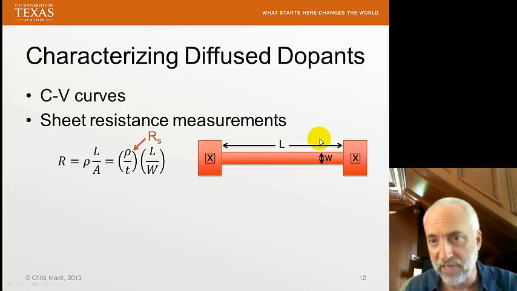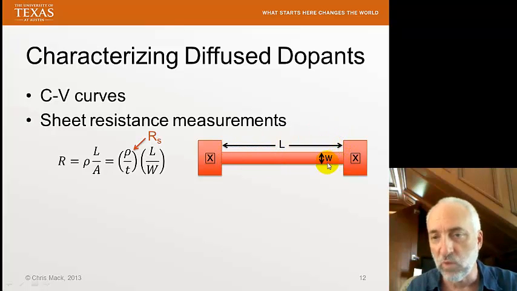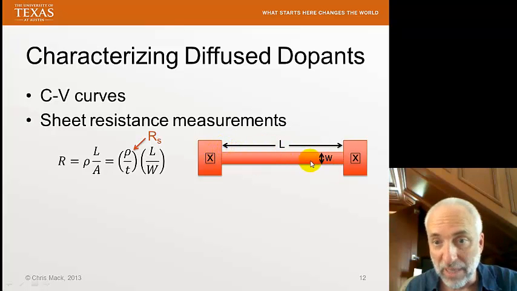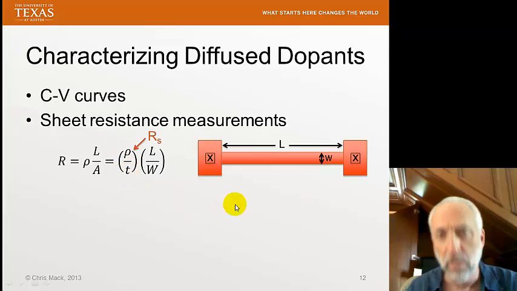Maybe I've got oxide here and oxide here surrounding it. So I just have this narrow region of doped silicon of length L and width W. And I can measure something about the sheet resistance of this region, which is the amount of doping and the depth that that doping occurs in, simply by measuring the resistance and then dividing by L over W.